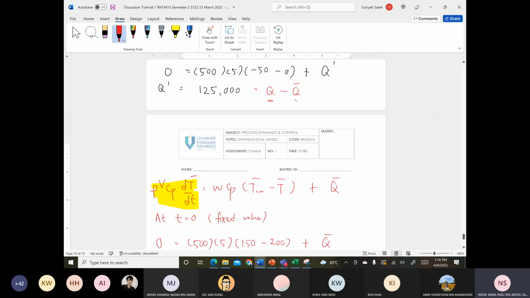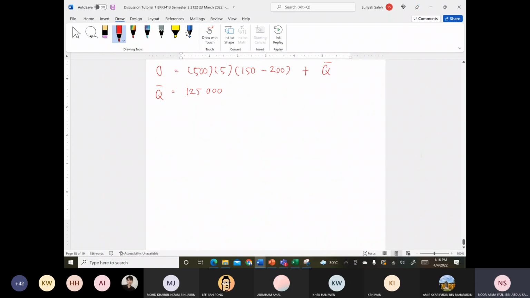Now back to the equation, we know that Q prime equals 125,000, where Q prime is equal to Q minus Q bar. So based on this, 125,000 equals Q minus the Q bar, which is 125,000. So the Q will be 250,000.